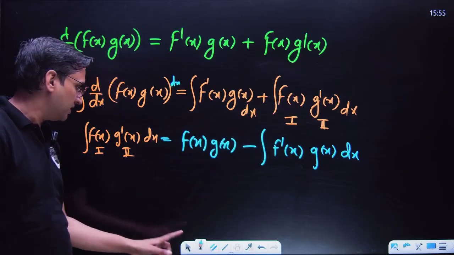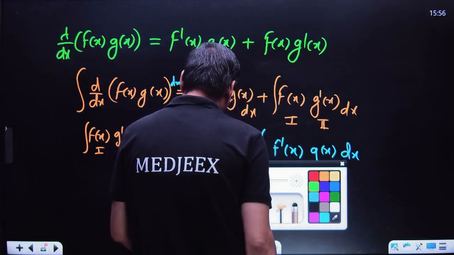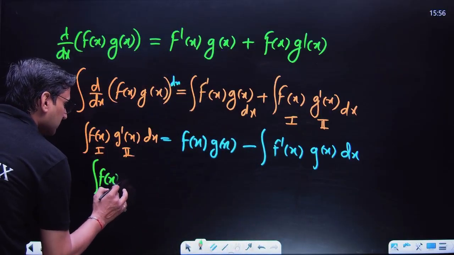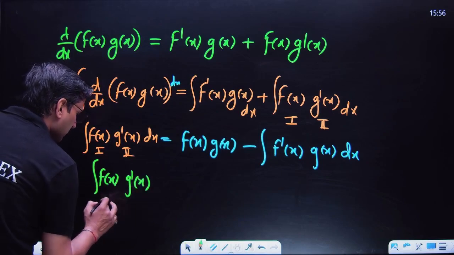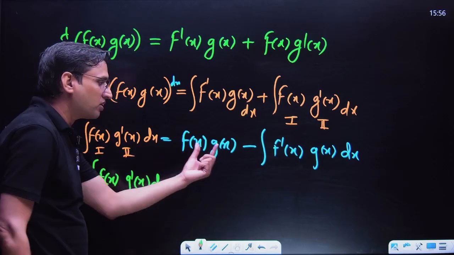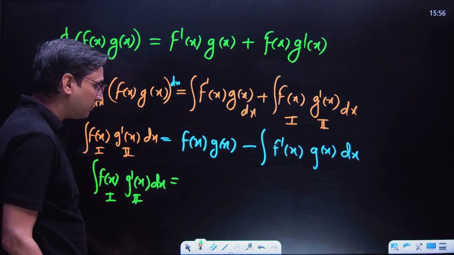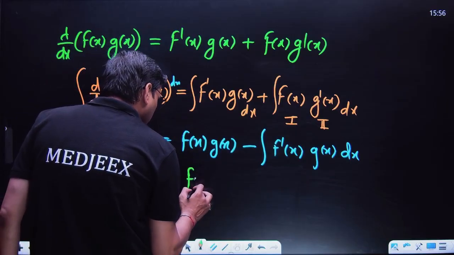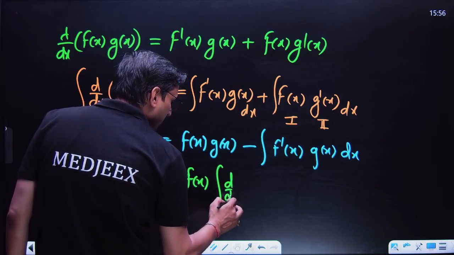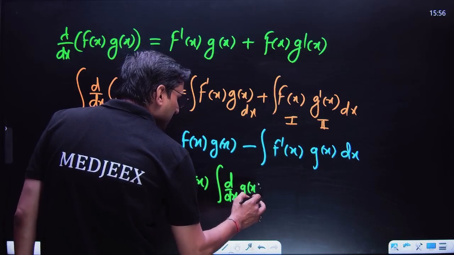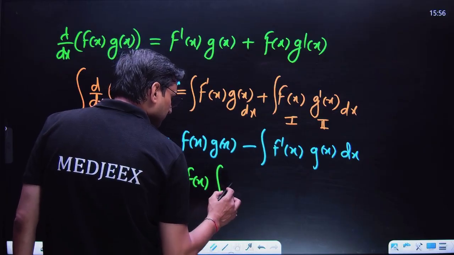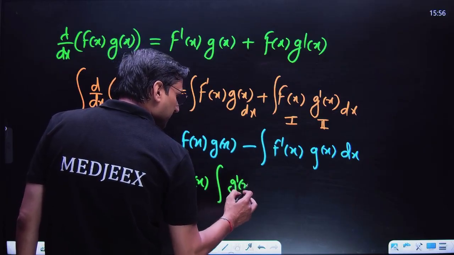Now listen students, this product rule we generate like f(x)g'(x), we take it as first and this as second, and I am just transforming this into the integration differential form. How? f(x) is written outside, we are mentioning integration of g'(x) dx.